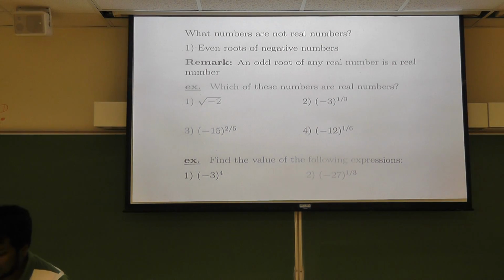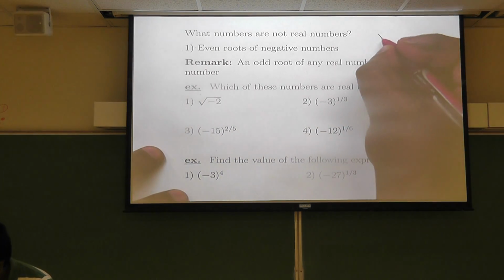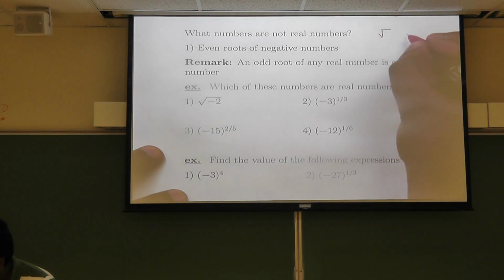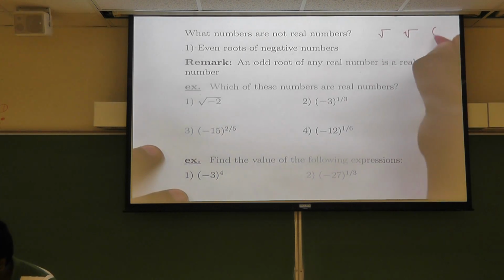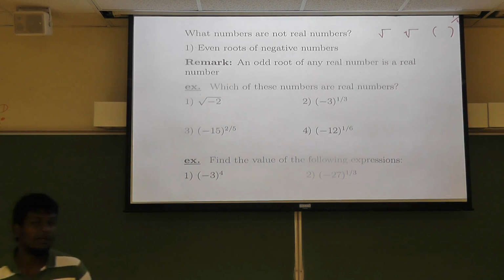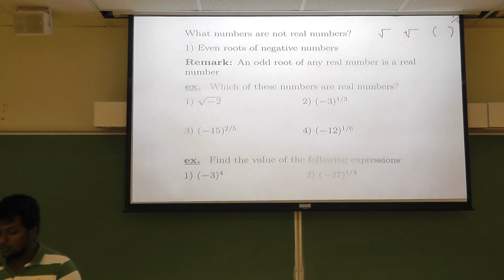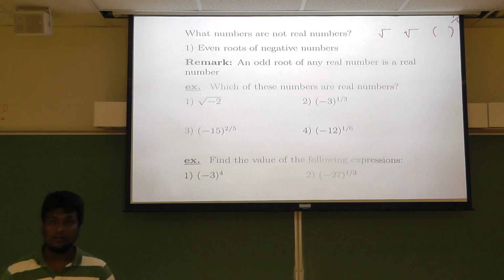Now, if you see an even root, for example, like a square root or a fourth root, or you have a number here that is an even number, that would mean it's an even root, and even roots of negative numbers are not real numbers.